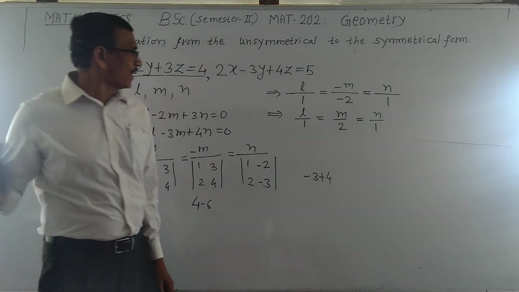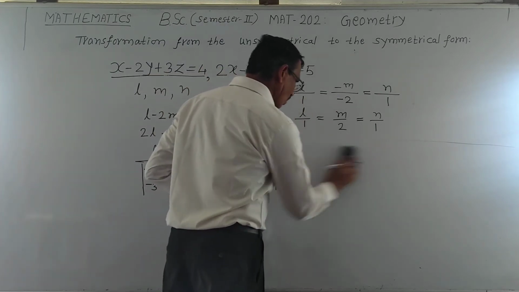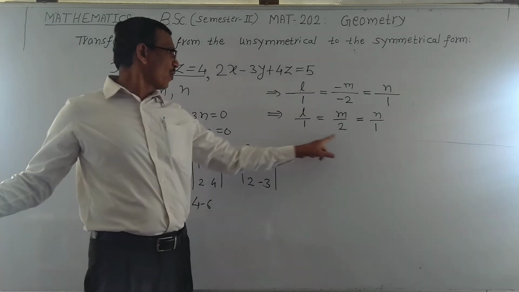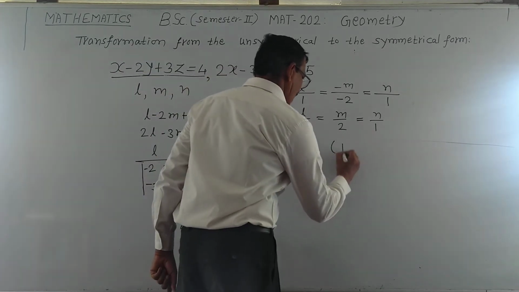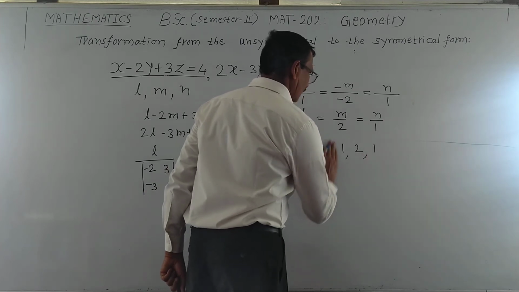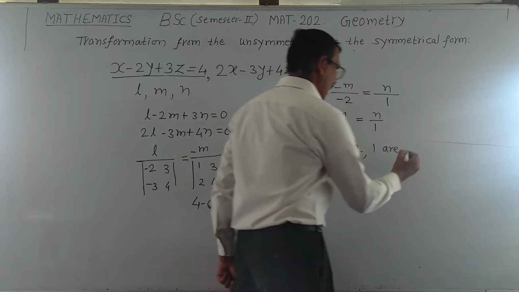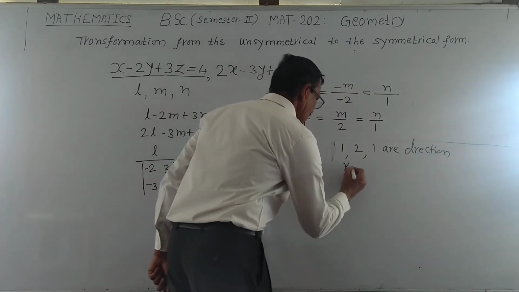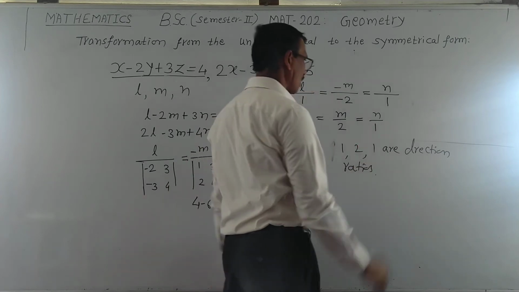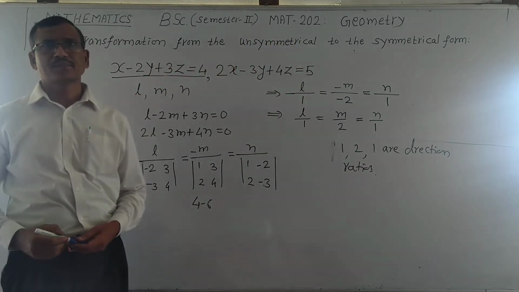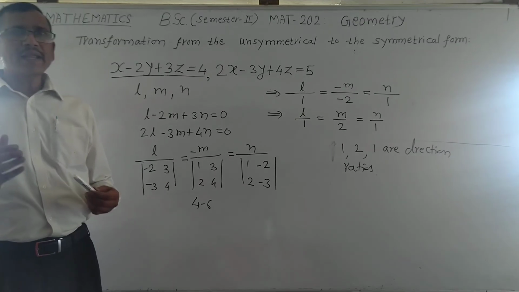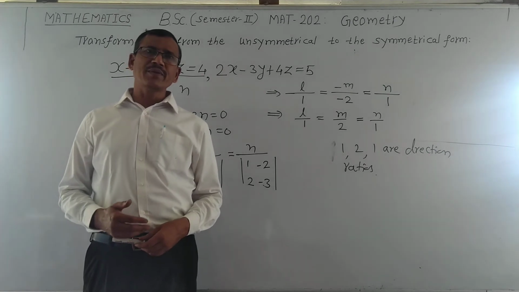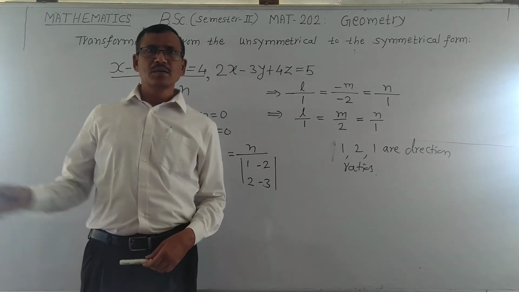That means if we consider these as direction cosines, they are proportional to 1, 2, 1, and therefore 1, 2, 1 are the direction ratios of the given line. So we are able to find the direction ratios. Now we can find the coordinates of any one point which lies on the line.